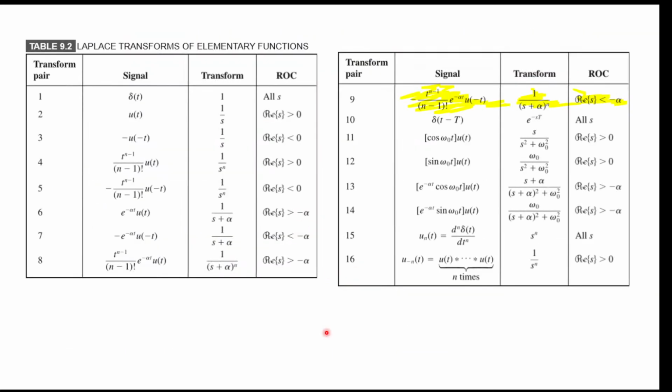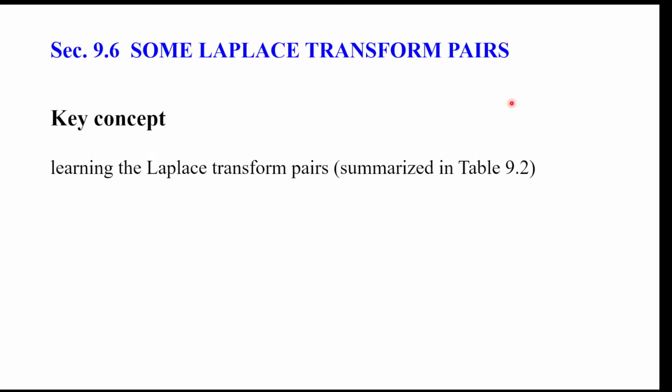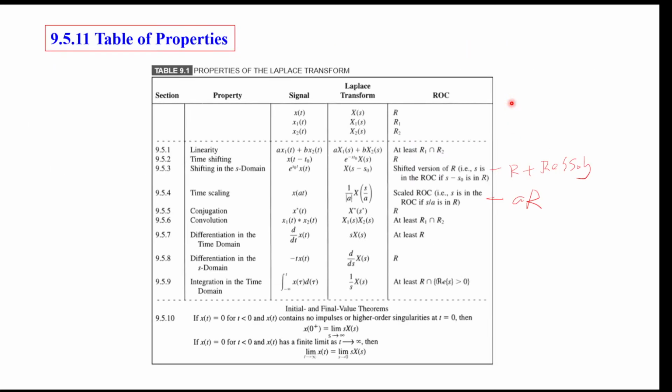And then previously we derived more Laplace transform pairs, and a very important tool is the inverse Laplace transform for those higher-order partial fractions, 1 over (s plus a) to the n. We also derived a lot of properties for the Laplace transform. This list is a bit shorter than for the Fourier transform.